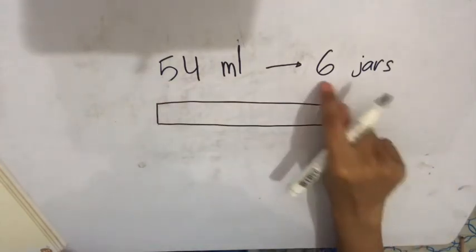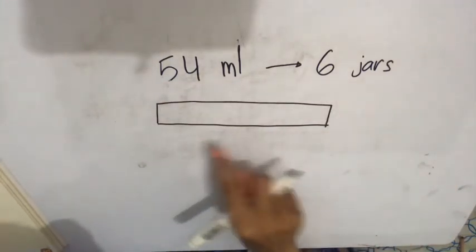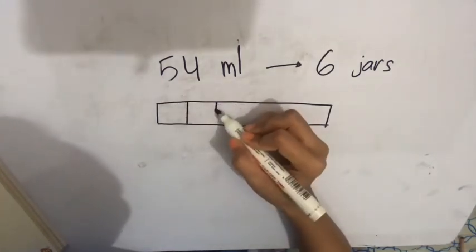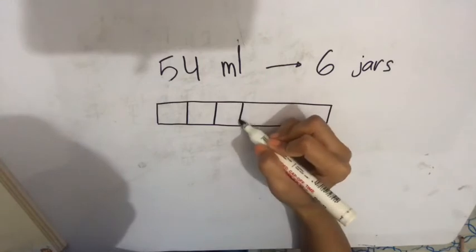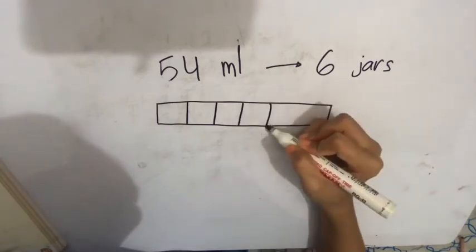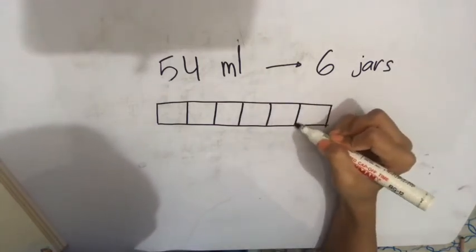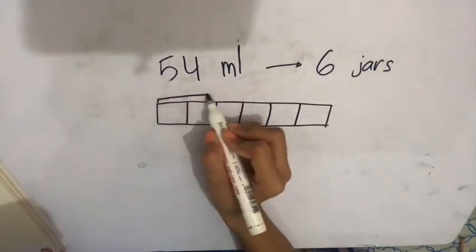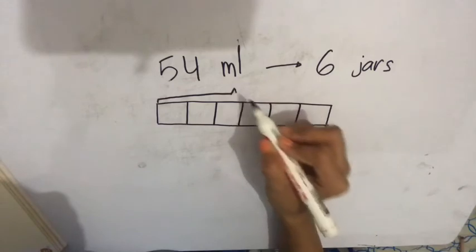Now they fill 6 jars, so I'm going to divide this bar into 6: 1, 2, 3, 4, 5, 6.